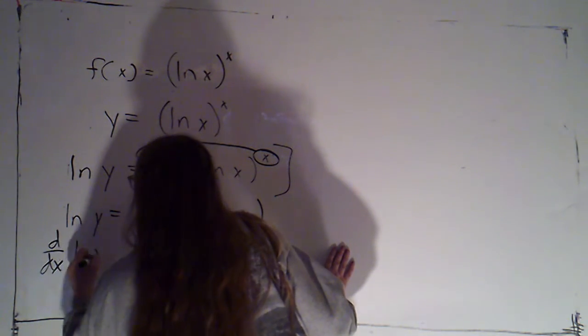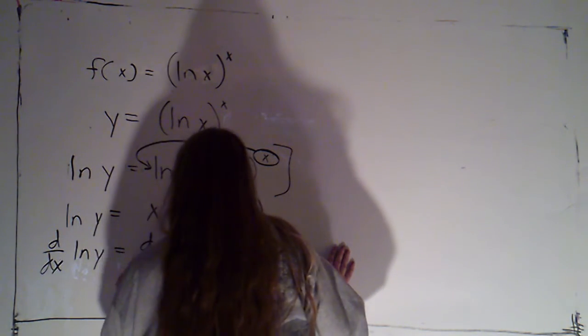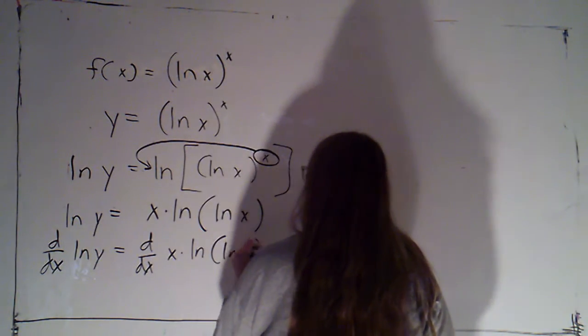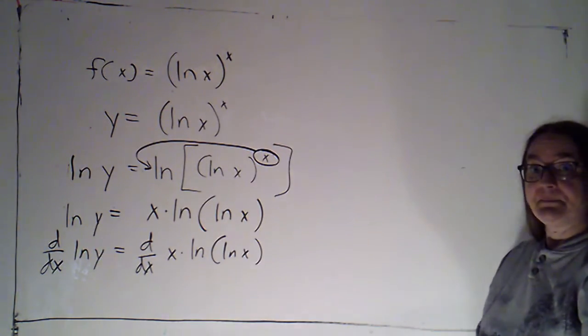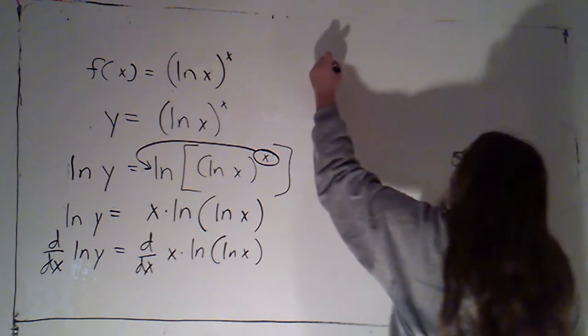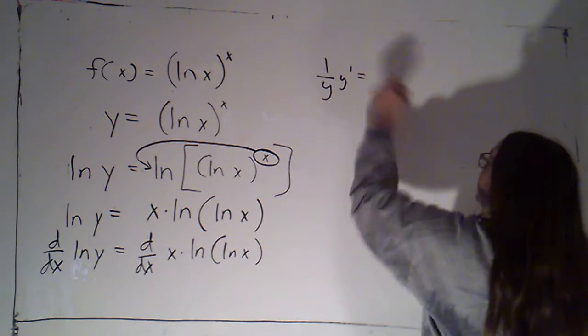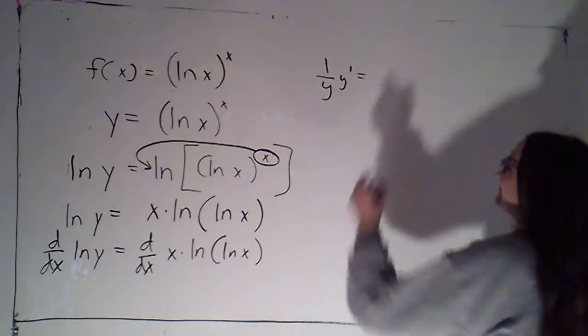The derivative of the natural log of y is equal to the derivative of x times the natural log of the natural log of x. On the left side, we get 1 over y times y prime. On the right side, we use product rule.